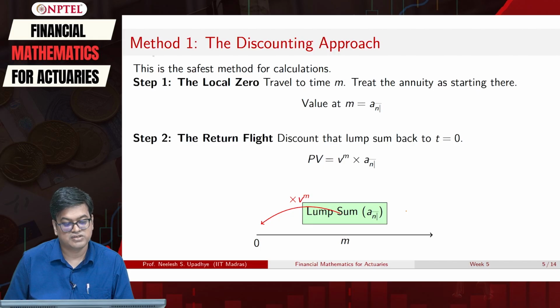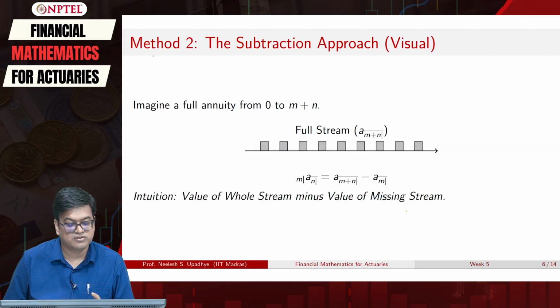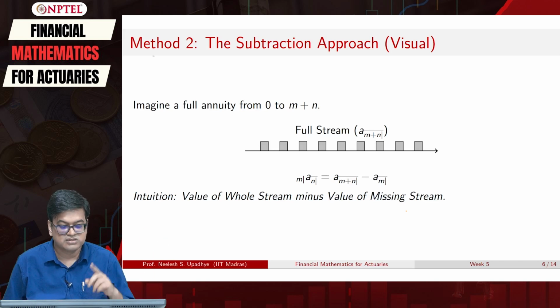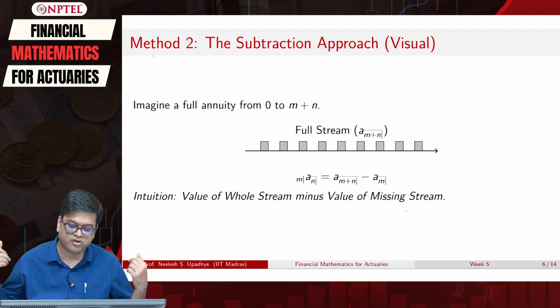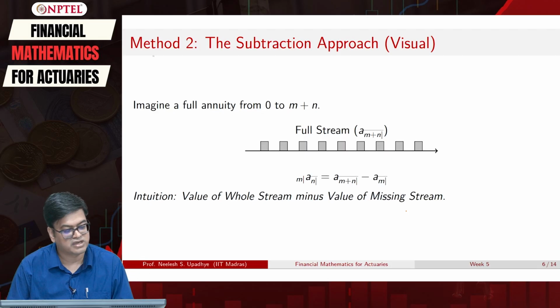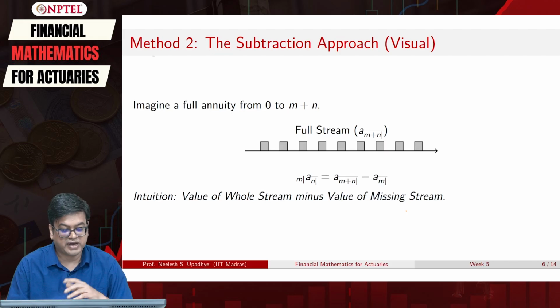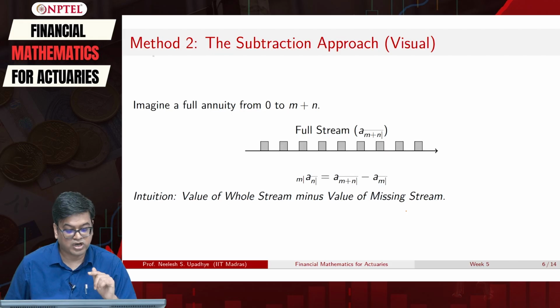The next way that I will show is, okay, you look at this full stream where I have a full annuity to be paid. So now I will assume that I am paying it for all m plus n periods. So this is the full stream of annuities. However, the fact is that I have not paid for the first m time periods, right.